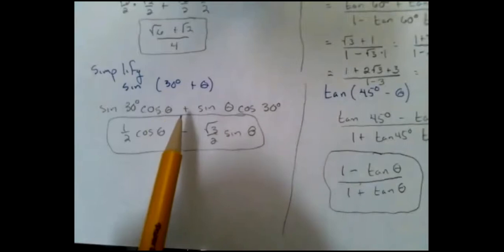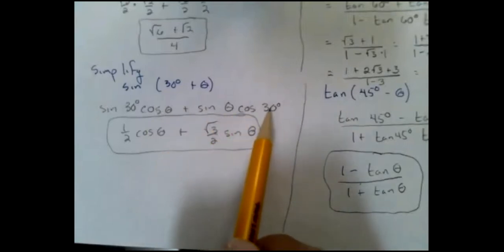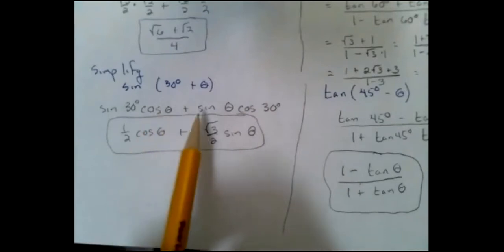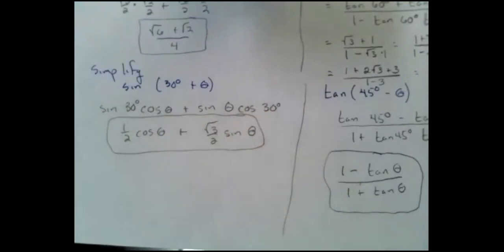All right, the next two were simplify. Again, repetition. Sine of the first, cosine of the second, plus sine of the second, cosine of the first. I get something that looks like that. Not much more to do with it right now, but that's what I got.